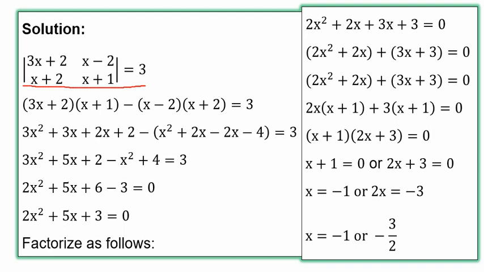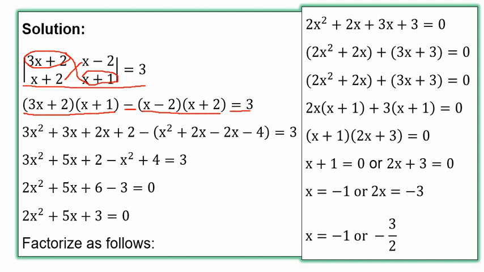So this is the main diagonal, you take the product, and this is the second diagonal. The main diagonal product, minus the product of the second diagonal, you equate everything to 3. Next thing is to expand.